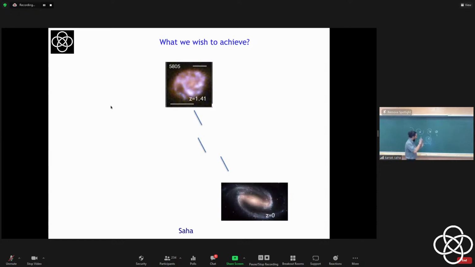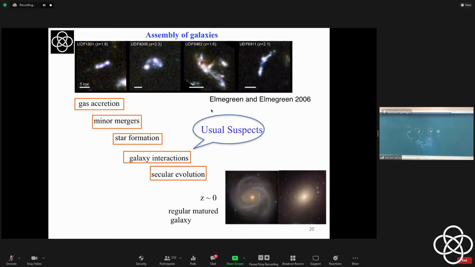So this whole game together is basically to see what we would like to achieve: how do these high redshift galaxies evolve towards the local galaxies? Okay. So what are the mechanisms? Various mechanisms are already there.